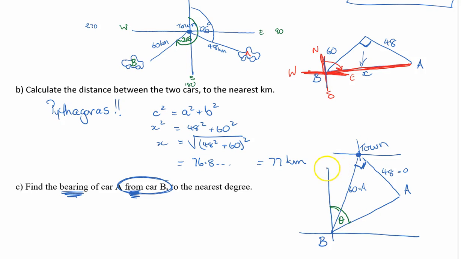The bearing is the angle from due north around. So due north of B around to A includes these two separate angles. I'm just going to dot this angle. So the bearing is the red dot plus theta. Now, like I said, theta we can get from our trigonometry, and you'll see me do that in a moment.